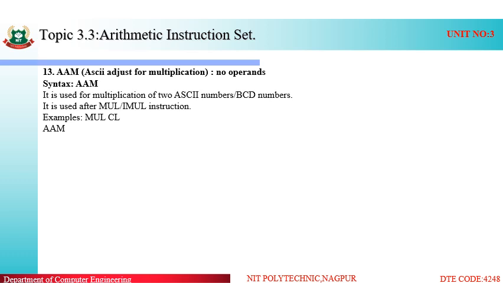The same logic here: it is used to multiply two ASCII numbers. It will always be used after the MUL or IMUL instruction, and then ASCII adjust after division. Same functioning, only the instruction format is changing. That is, for addition AAA, for subtraction AAS, for multiplication AAM, and for division AAD.